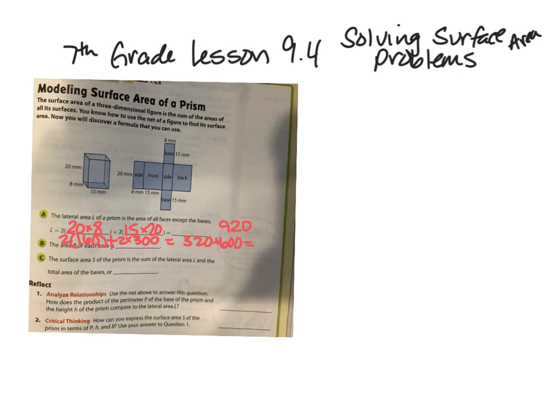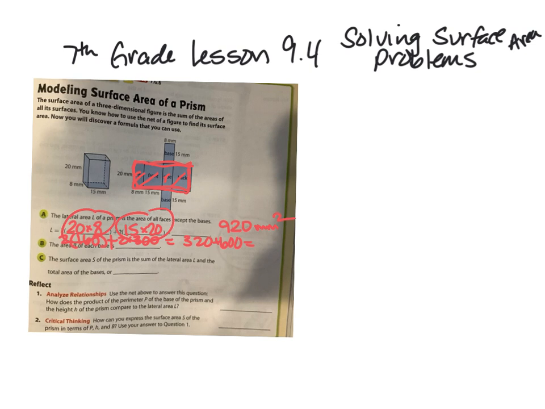Its area, so millimeters squared. That took care of all of this as one giant rectangle. We did these two and then these two, but altogether, it ends up being one big rectangle.